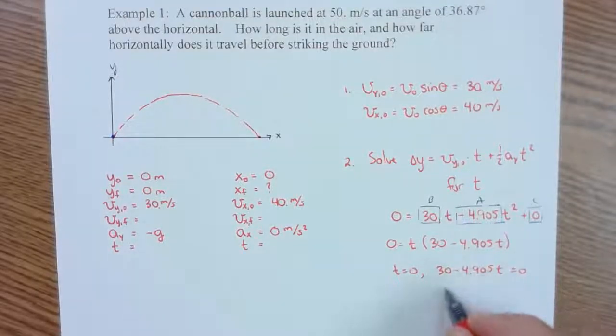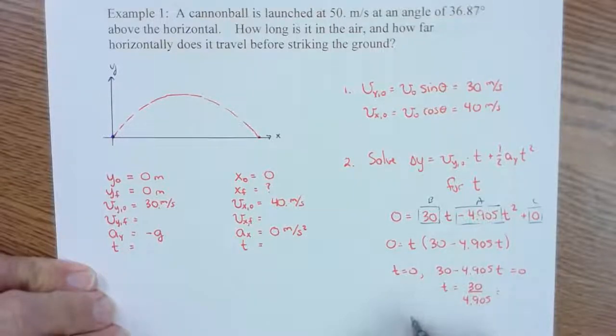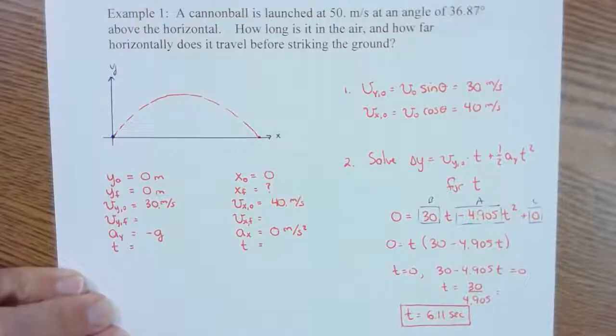So if I solve this little equation, t equals 30 divided by 4.905, which is approximately 6.11 seconds. So that is how long the projectile was in the air. And that is solving the y problem.